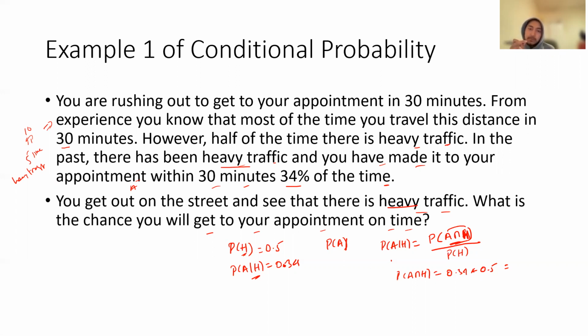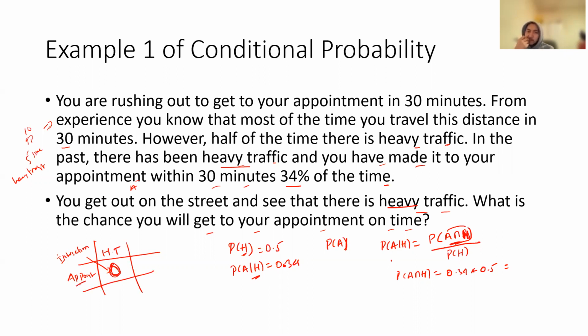But there has been heavy traffic and 30 minutes, traffic. You can even relate this in this way, for example, you can say this as appointment and heavy traffic. If you relate this, we need to find this part. This part is the intersection part.